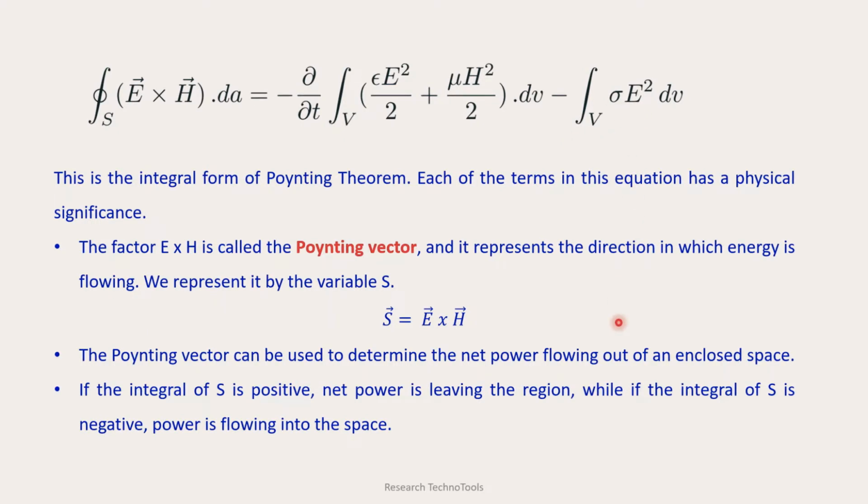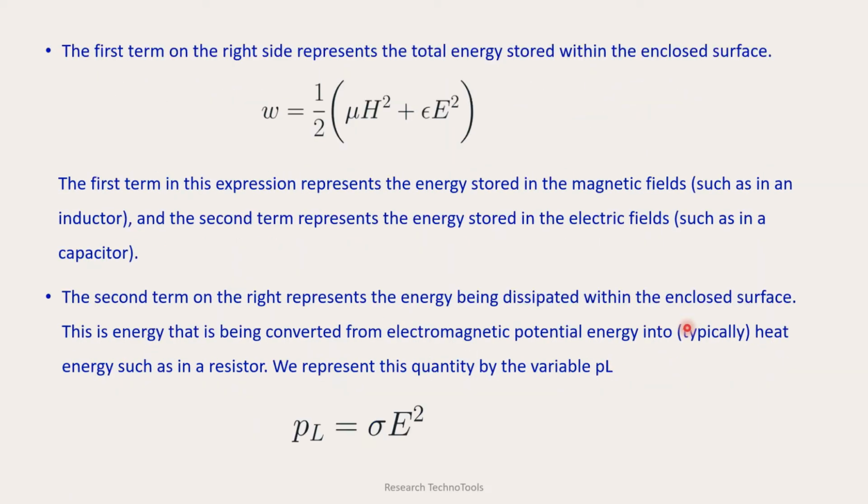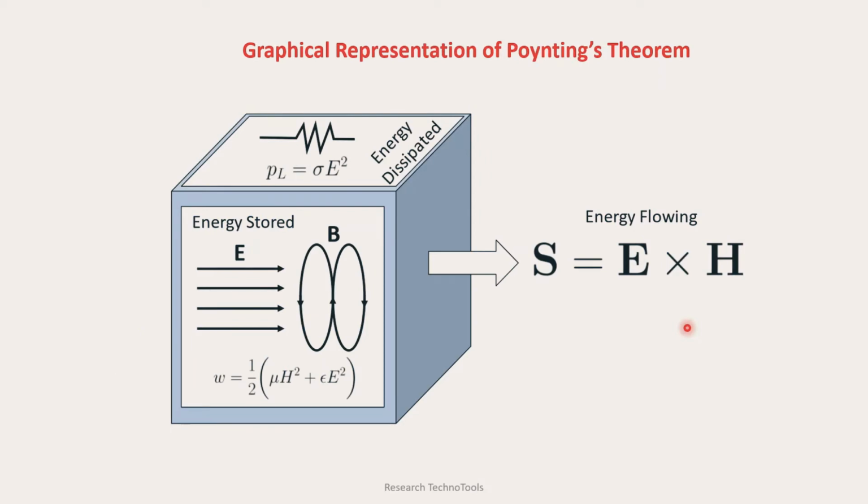So these three terms can be graphically represented. You can watch from here. Suppose this is a closed volume in which you have energy stored in the form of electric and magnetic field. Due to the electric part you have energy 1 by 2 epsilon E square, and due to the magnetic field you have stored energy 1 upon 2 mu H square.